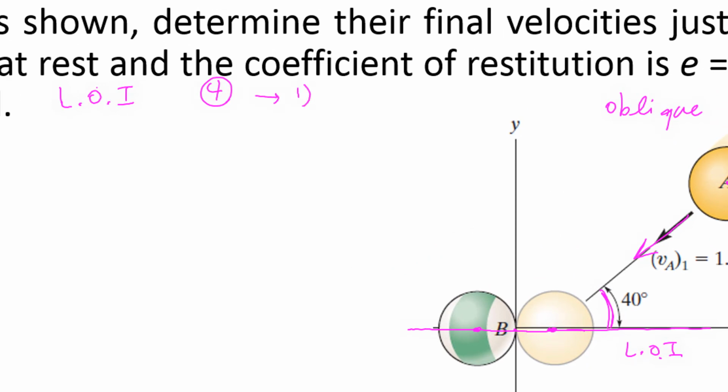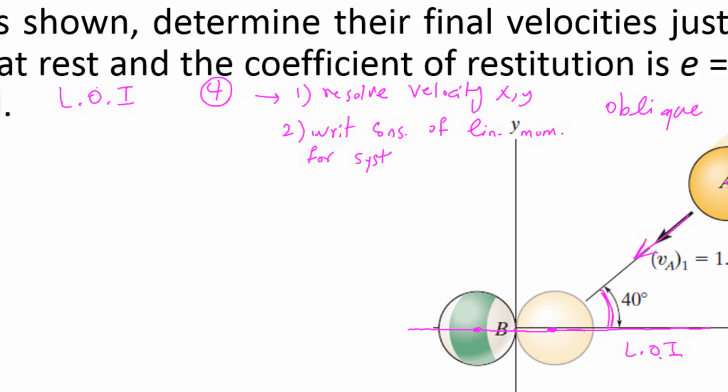First, we need to resolve all velocities along the x and y direction. The next step is to write the conservation of linear momentum for the system. The third step is to use the coefficient of restitution.